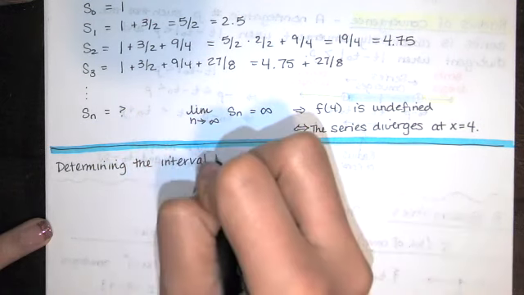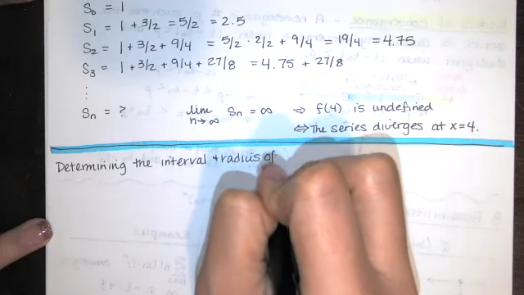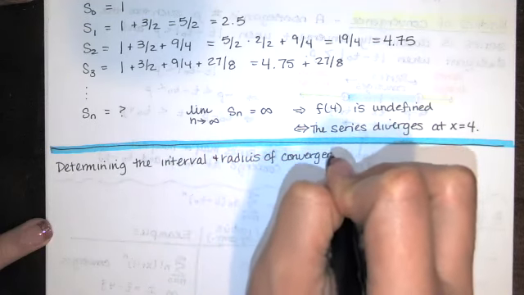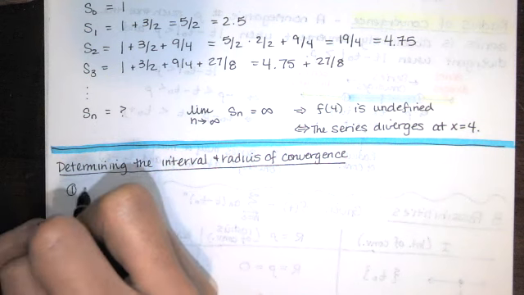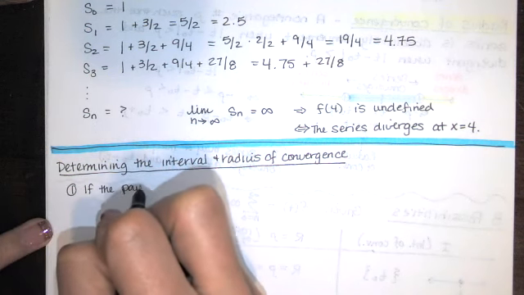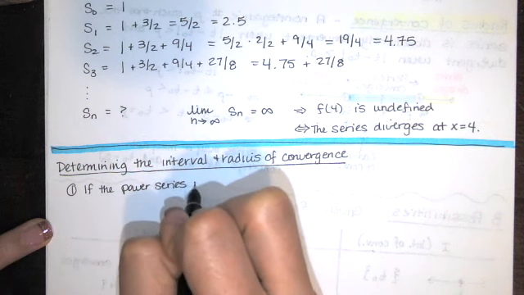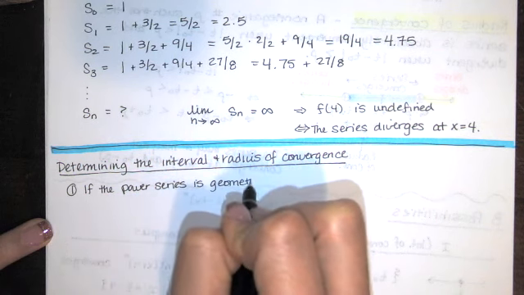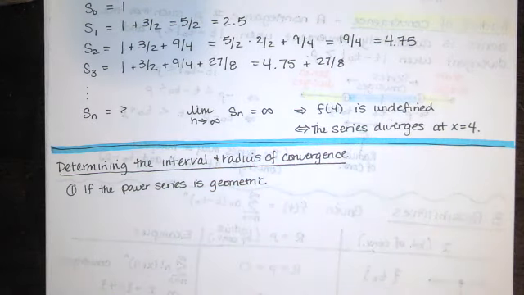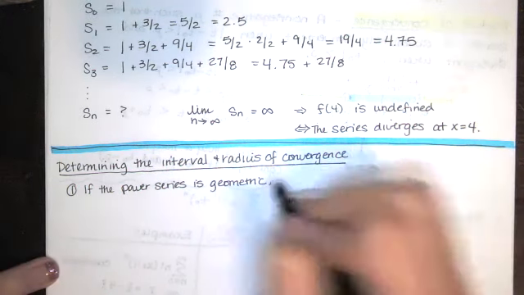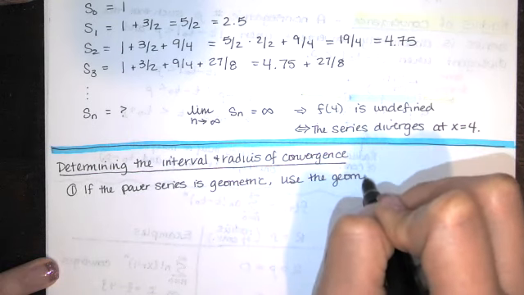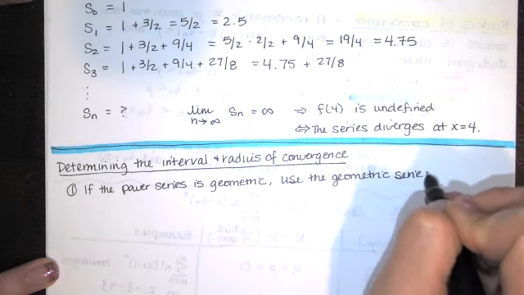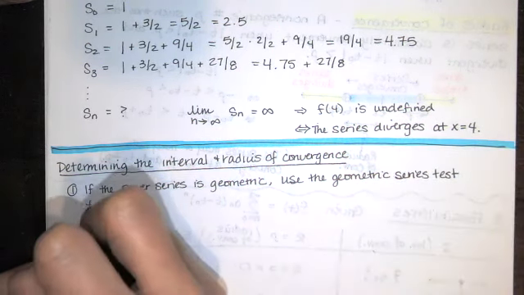If I want to determine the interval and radius of convergence, it really depends on the form of that power series. But if the power series is geometric, so that to get from term to term, we're always multiplying by that same thing, that common ratio r of x, we'll use the geometric series test to determine the radius of convergence.